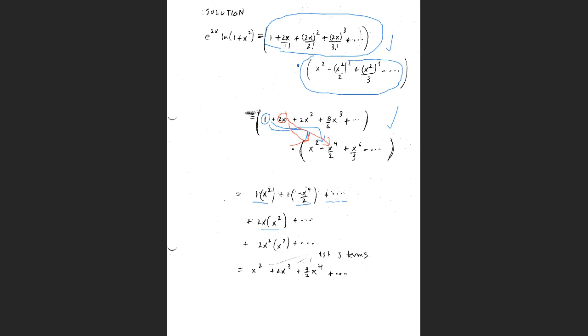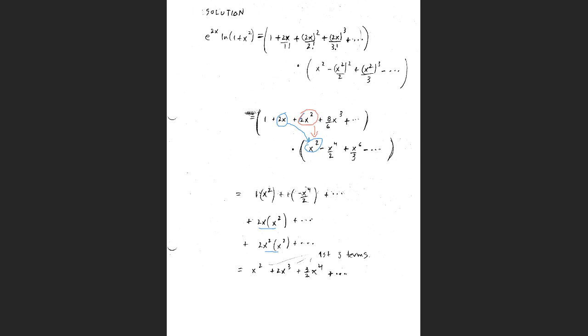What I'm trying to do is justify how I got both of these terms here, 2x times x squared and 2x squared times x. Yes, I can take 2x and multiply it by that x squared. But I can also take the 2x squared in the first power series and multiply it by x squared.